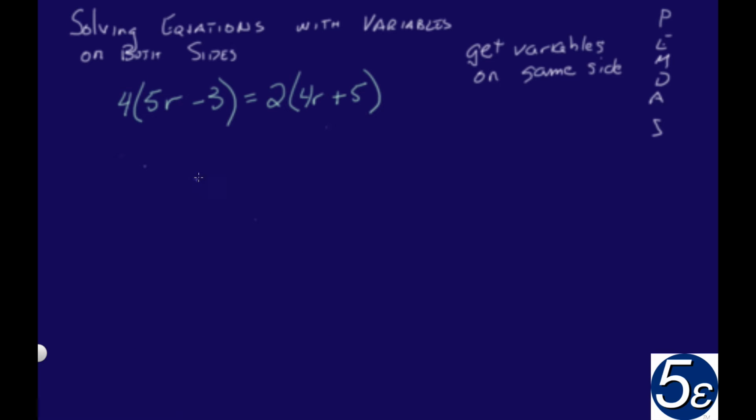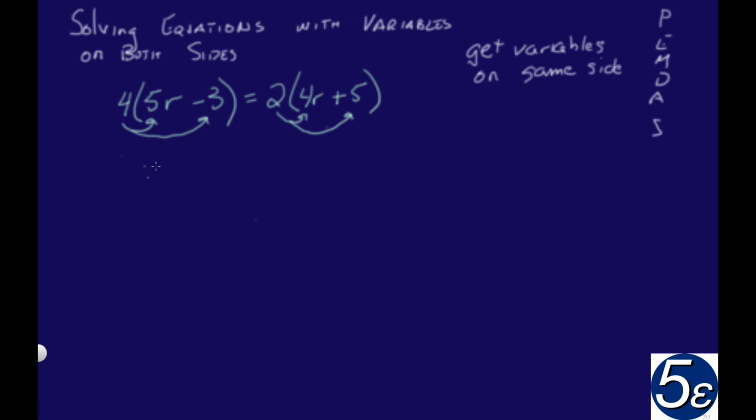So we're going to take a look at this example here where we have 4 times 5r minus 3 equals 2 times 4r plus 5. Now, the first thing that we should do is, since we see this number outside of the parenthesis, we should definitely try and distribute them in. So we're going to multiply the 4 by each one of the terms. We're going to multiply the 2 by each one of the terms.